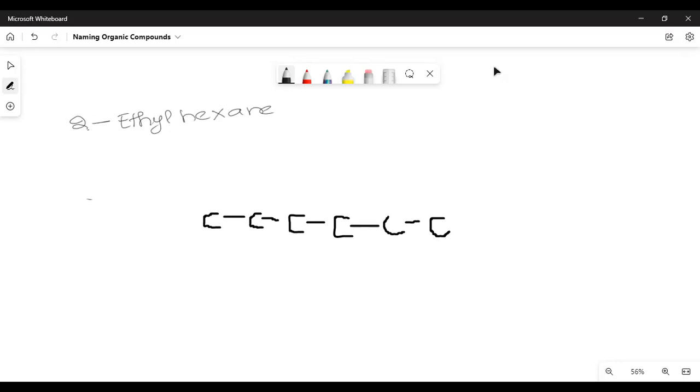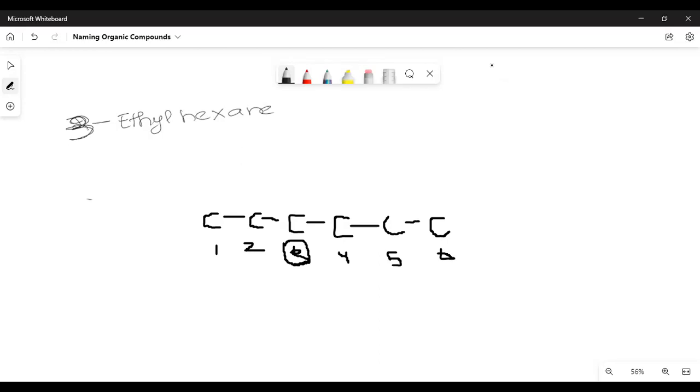Yes, of course, in order to make sure that you get the number of the branch, because the branch is present at the second carbon. Oh, my bad. It can't be on the second number, so I am going to change the number. It's actually present at the third number. I was supposed to write 3 and I instead wrote 2. Now that's correct. So the branch is present on the third carbon atom.